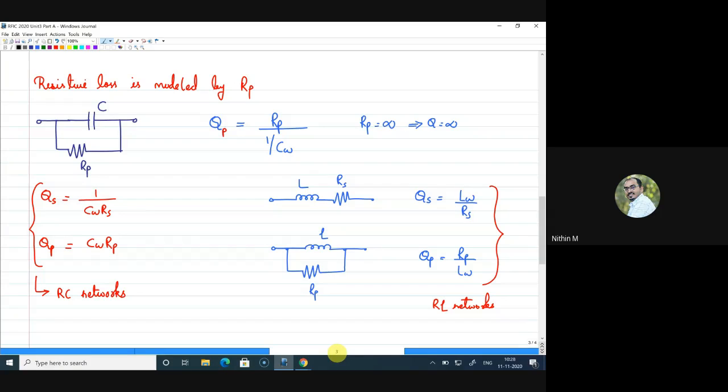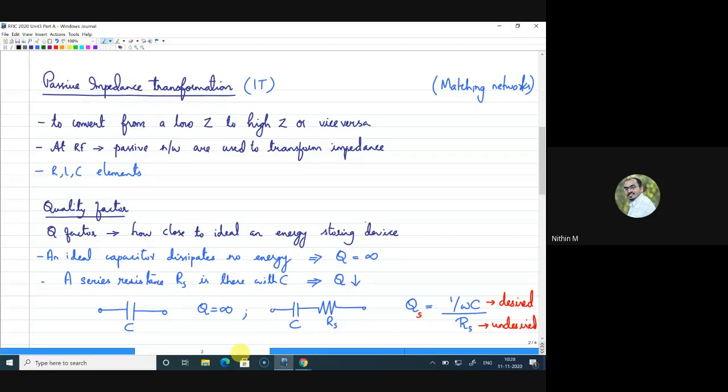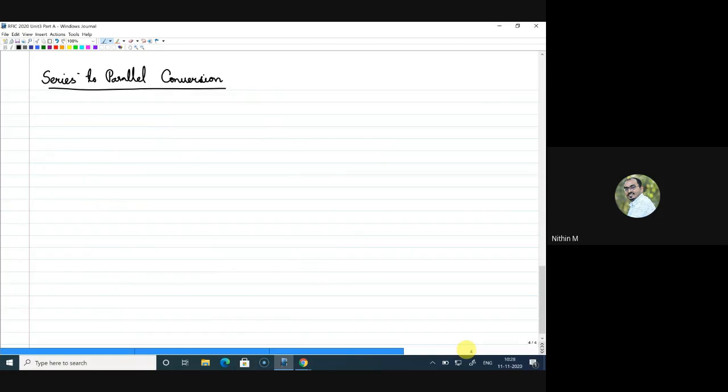The equations I have written are mathematically derived. To make it short, I have explained it in this way, but mathematical proofs are there. I hope you would have done this in resonance in your network analysis. Please check again, because all these derivations are available. Anirudh, your question is whether we can calculate for an RLC, yes.